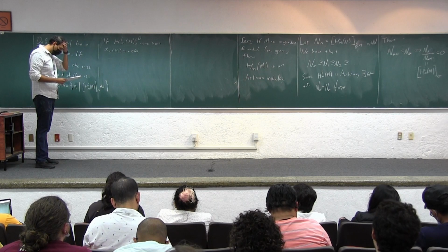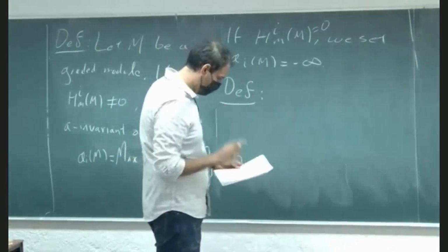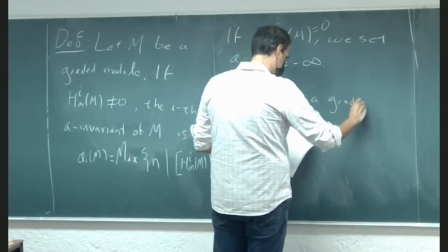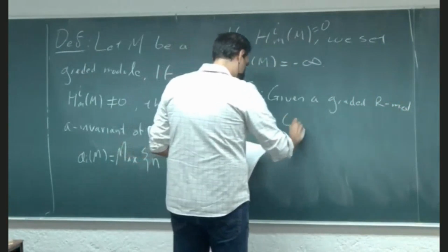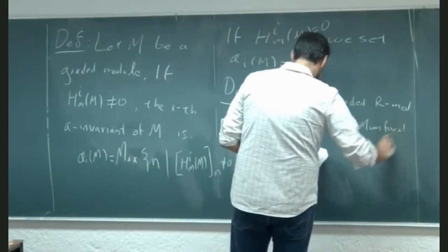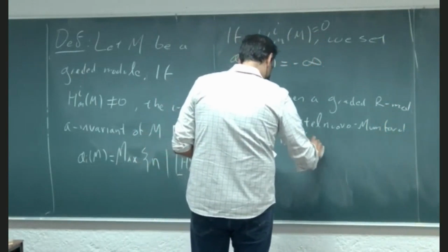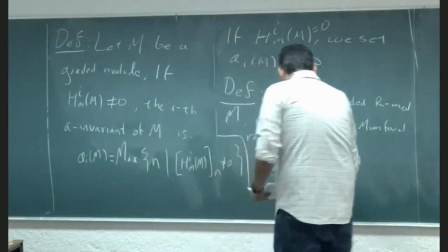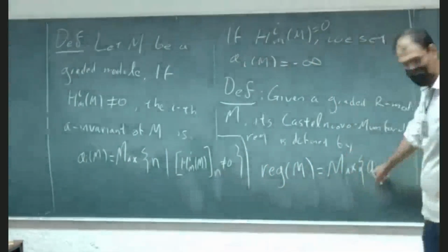Well, we're about to see some cool stuff about this. So this is going to be my official definition for the Castelnuovo-Mumford regularity. Given a graded module M, its Castelnuovo-Mumford regularity is defined by: we write it as reg of M, and this is equal to the maximum of the a_i plus i.